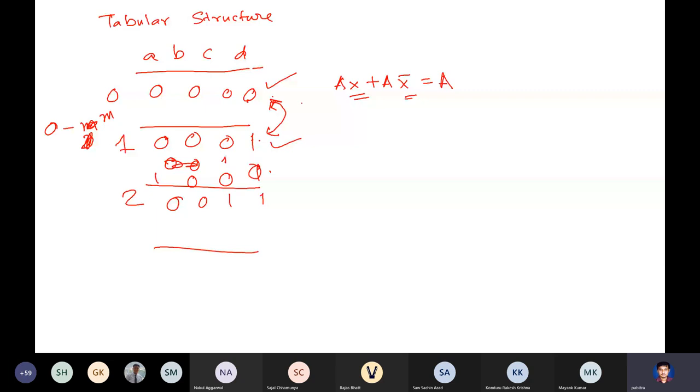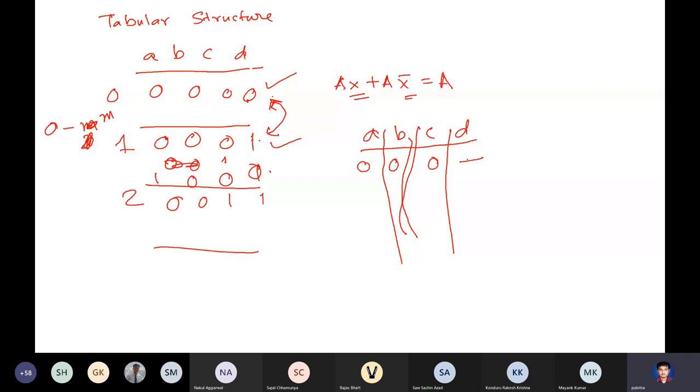And what I will do is create another table with this reduced number. So A, B, C, and D, and this combined would be 0, 0, 0, and you are dropping D. The one you are dropping you represent by a dash.